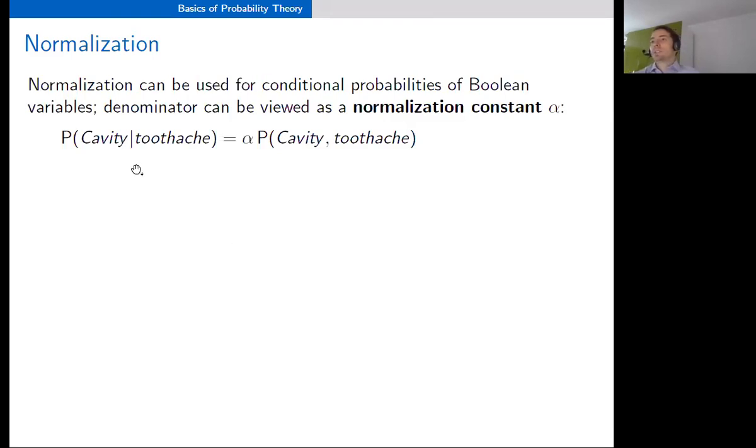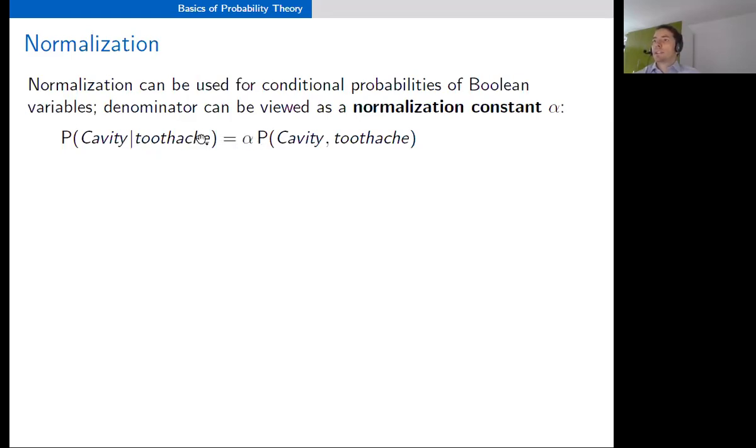If you want to compute the conditional probability of cavity given toothache, and cavity here is capitalized, meaning we want to know the probability that it's true and the probability that it's false, then instead of the conditional probability, we compute the joint probability and normalize by this value alpha.